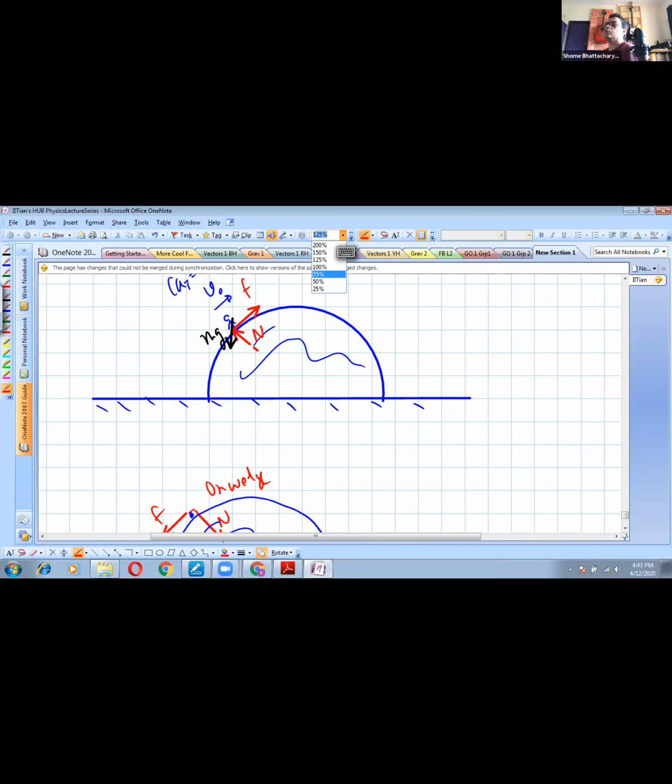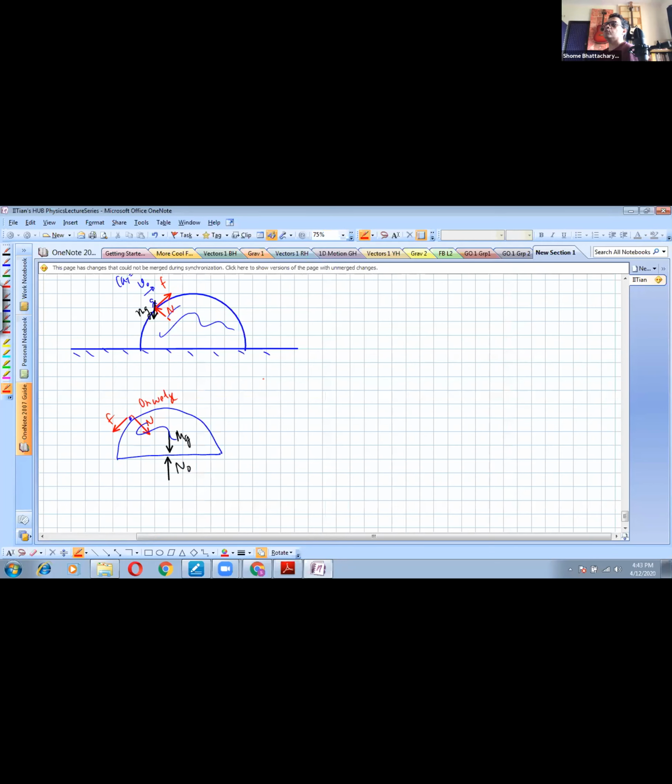The black colored forces are the external forces, and the red ones are the internal forces, provided we are taking the system as the person, small m, plus the wedge, capital M.